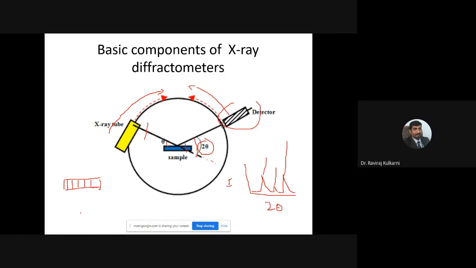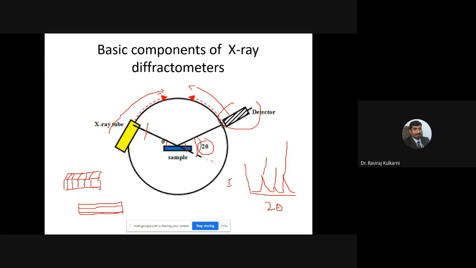Otherwise I can cut it like this also. I can cut along the x-axis, along the y-axis, along the z-axis.